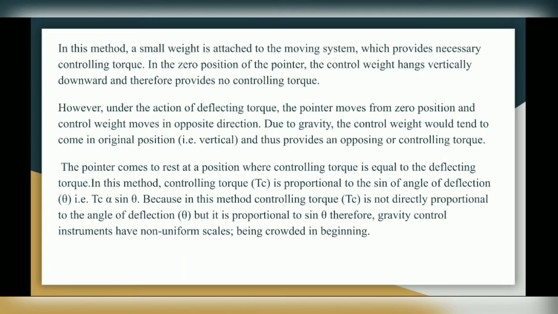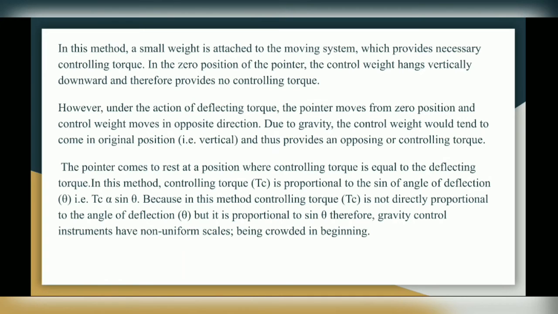So when the pointer is at zero position, there is no controlling torque. But when the pointer gets deflected from its zero position by the deflecting torque, the control weight also moves in the opposite direction to produce the controlling torque. The pointer comes to rest at a position where the controlling torque is equal to the deflecting torque.